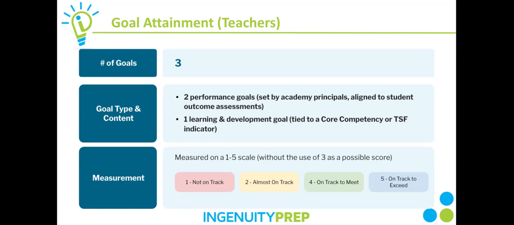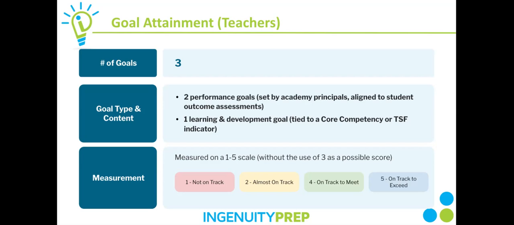Teachers also set goals as part of the evaluation process. Staff in teaching roles have 3 goals: 2 performance goals and 1 learning and development goal. The 2 performance goals are set by academy principals and are aligned to student outcome assessments for each teaching role. Principals also select fall and spring benchmarks on those assessments, and those benchmarks are what determine a teacher's fall and spring evaluation scores.